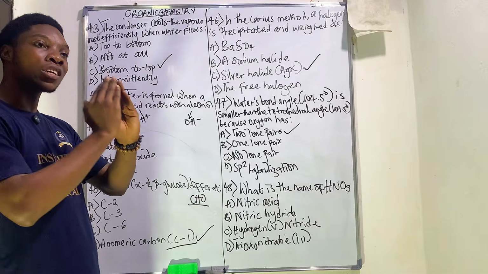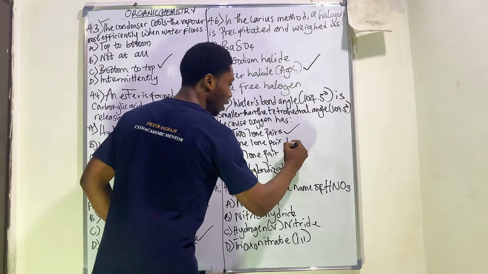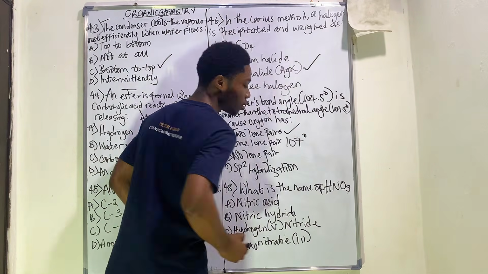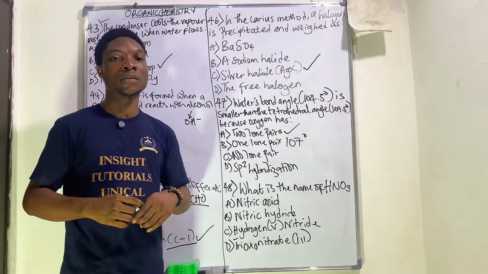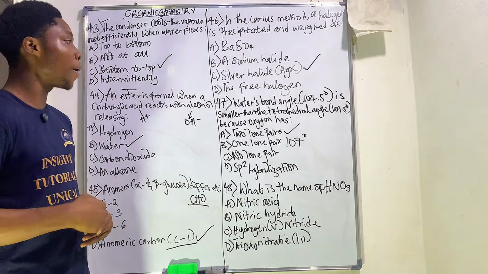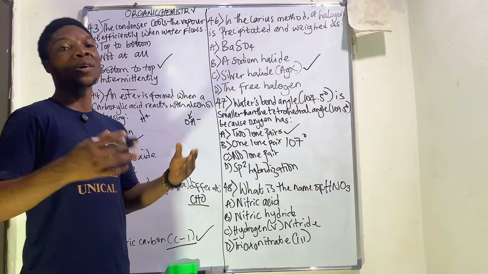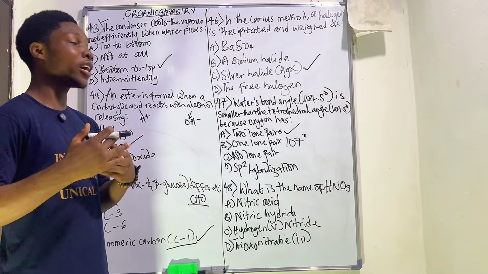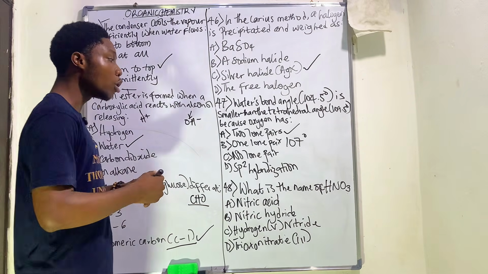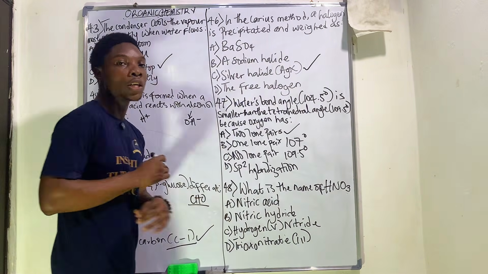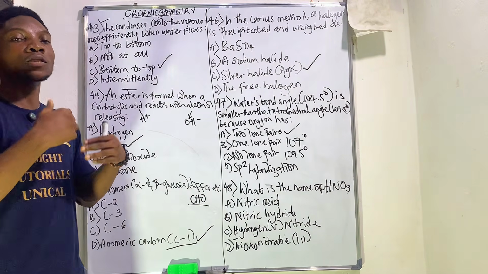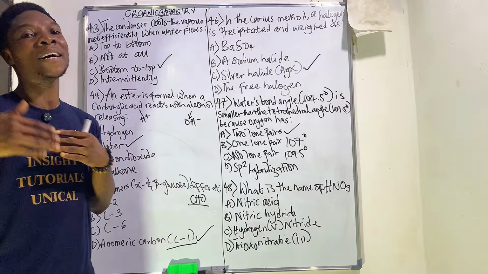1 lone pair will increase it a bit to 107 degrees, right? A structure with one lone pair will have a bond angle of 107 degrees, and then a structure with no lone pair, just like your tetrahedral or your sp3 hybridized structures, is going to be 109.5 degrees. They don't have any lone pairs. All the electrons take part in bonding.